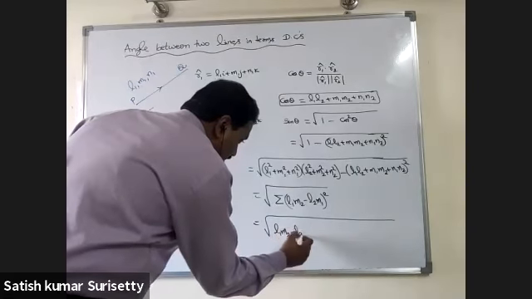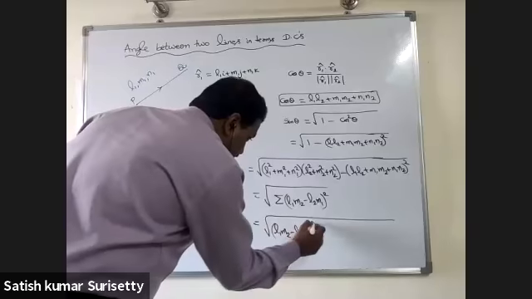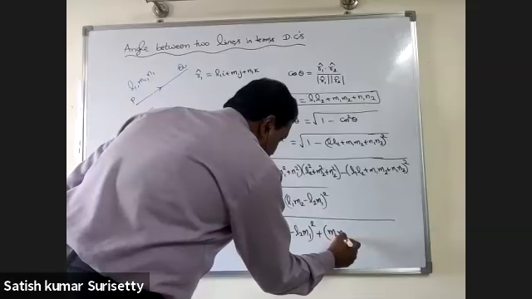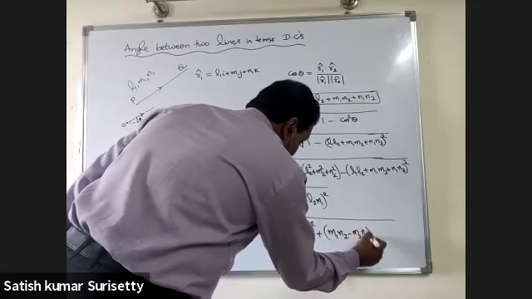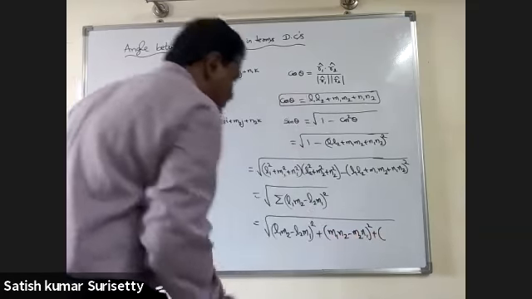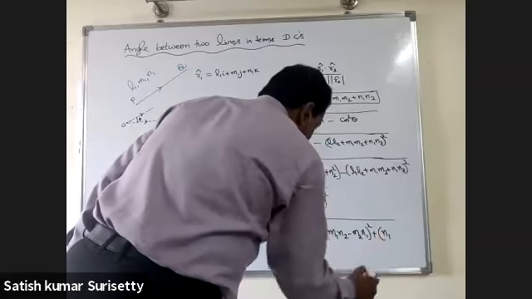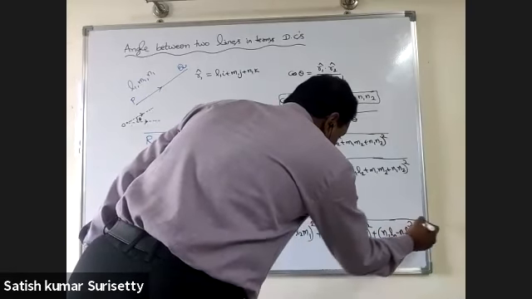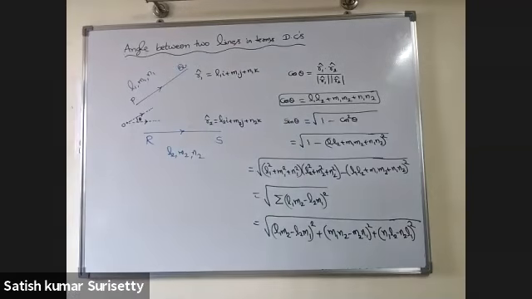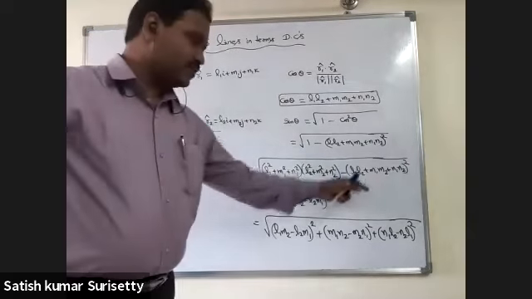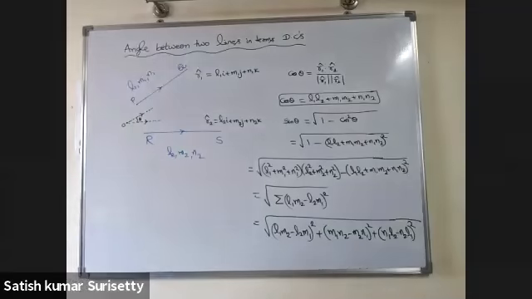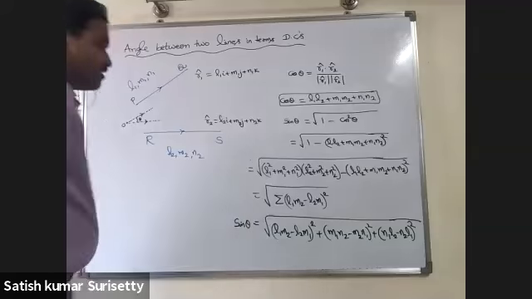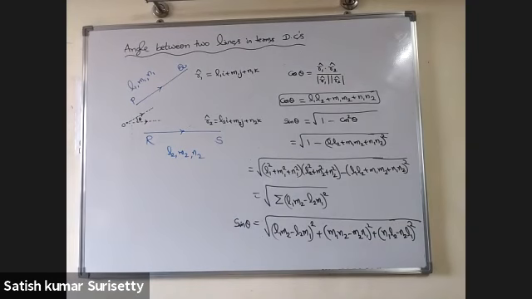(L1 M2 minus L2 M1) whole square plus (M1 N2 minus M2 N1) whole square plus (N1 L2 minus N2 L1) whole square. So expand this and regroup the terms, then you'll get this. So remember both the formulas, cos theta as well as sin theta.